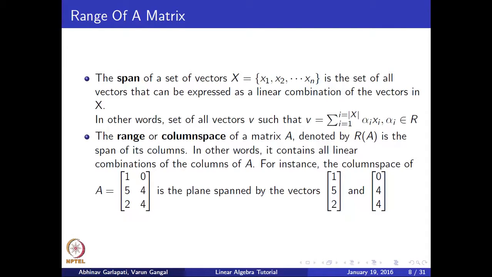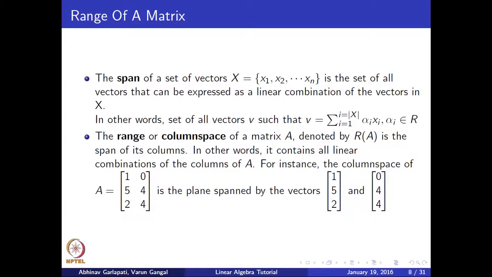Now, a related definition is that of range or column space. If we think of a matrix, each of its columns is a vector. So the set of all columns of a matrix is like a set of vectors. The span of this set of vectors is called the range or column space of that matrix.